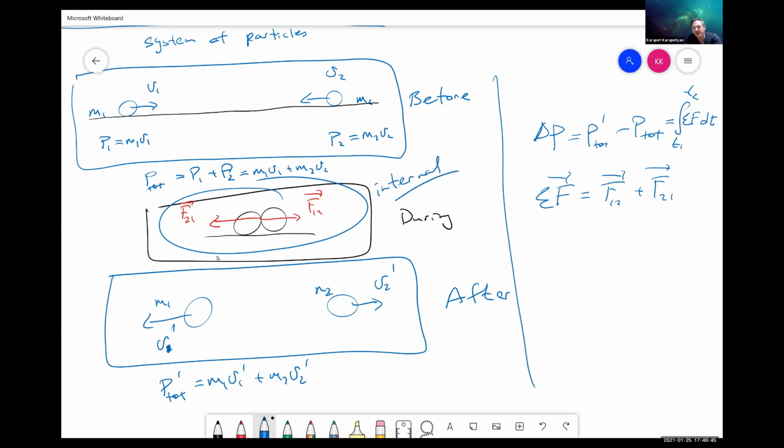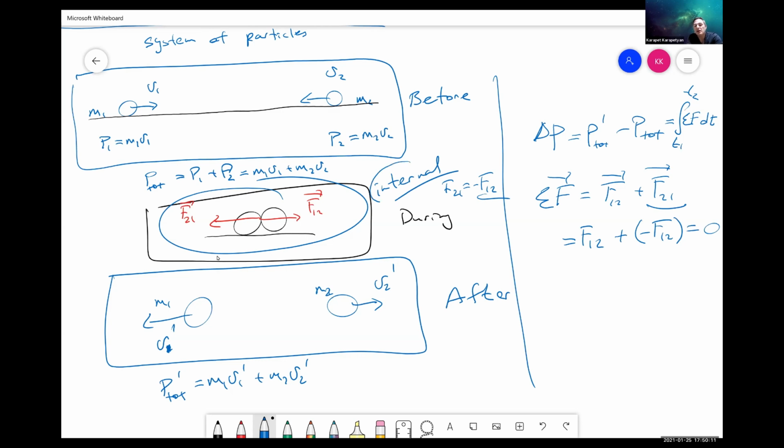Because they are action-reaction forces, F12 and F21 have the same magnitude, opposite direction. So technically, F21 is equal to negative F12. So I can say F12 plus negative F12, and what I will see here is my net force equals 0.